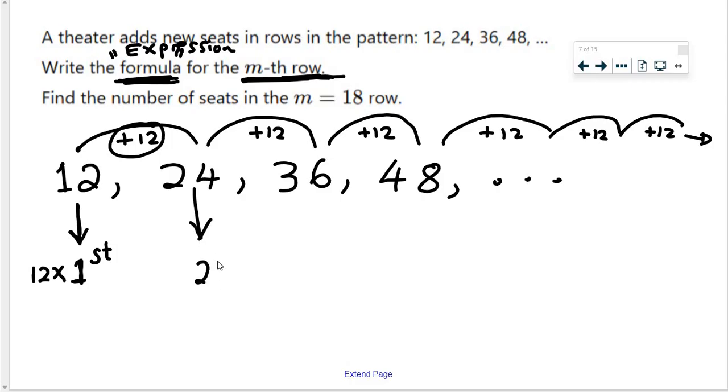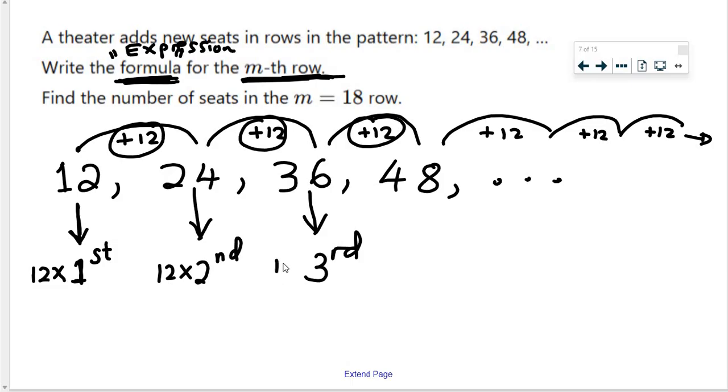To get the second number, you take 12 into 2. That makes 24. To get the third term, you take 12 into 3. Makes 36. To get the fourth term, you take 12 into 4.